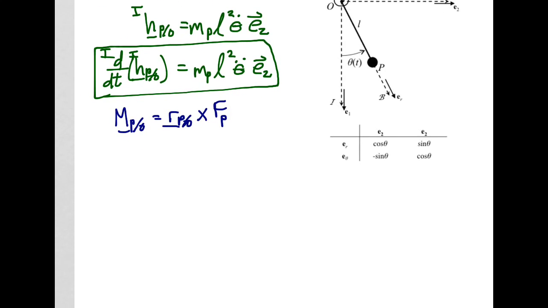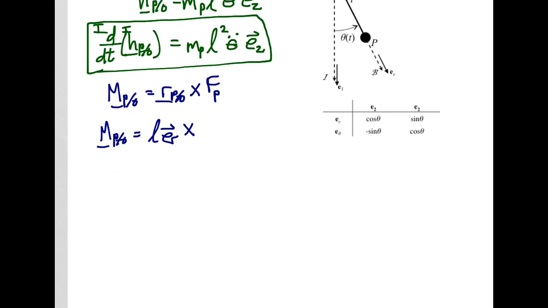When we fill this out, M of P with respect to O is equal to L in the ER direction, crossed with all those forces. But we don't have our forces yet.